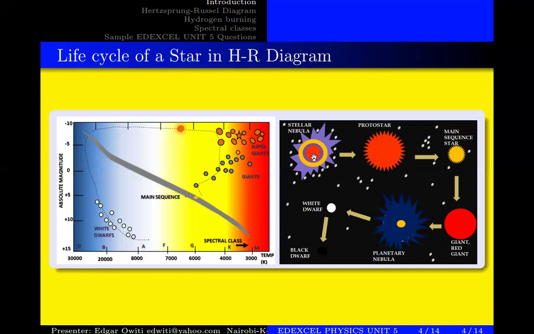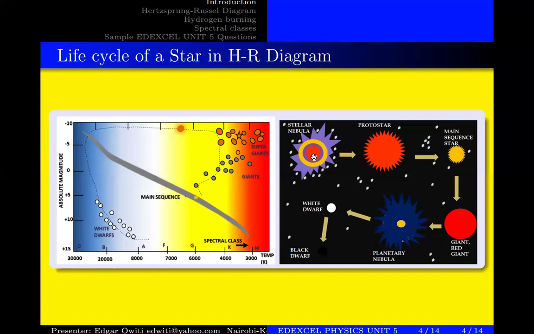When the mass of such a star becomes huge enough to the point where the temperature is also high and the mass produces light, it becomes more luminous, then it gets to a stage which is referred to as a protostar.